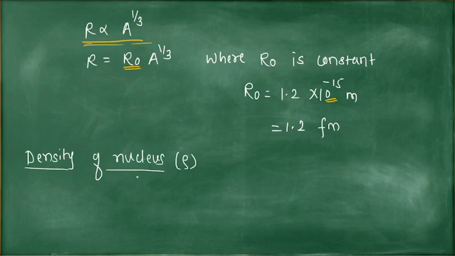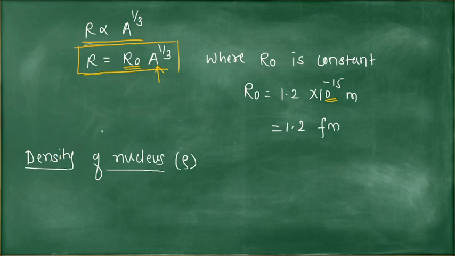Now density of nucleus. This formula is very important. Size of nucleus and mass of nucleus depend on mass number. So what about density? This is a very interesting term, density of nucleus.